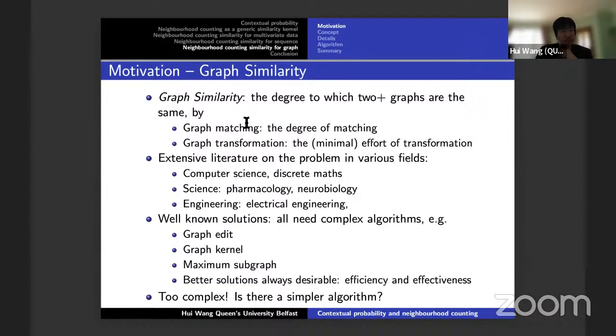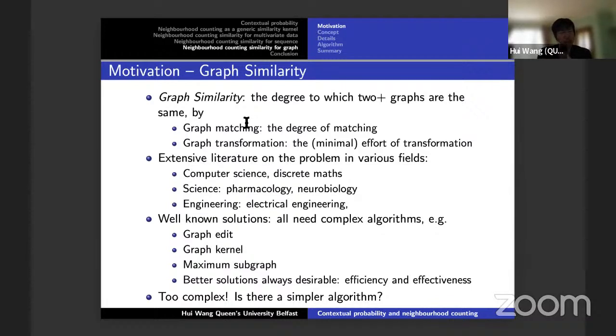Okay, so the graph similarity is researched in different literature, in computer science and in other science and engineering fields as well. There are well-known solutions for graph similarity, for example, the graph edit distance, the graph kernel, maximum common subgraph, and so on. But better solutions are always desirable. If anybody can come up with a better solution in terms of efficiency and effectiveness, then that is always welcome.